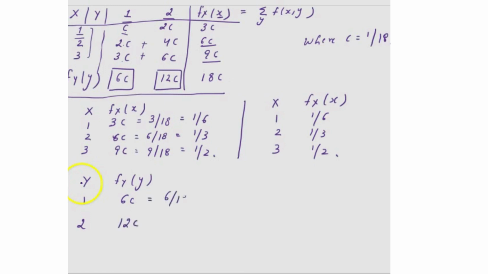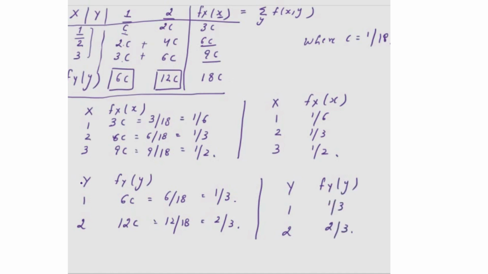So this is 6 by 18 and 12 by 18, which is 1 by 3 and 2 by 3. So the marginal density of y for values 1, 2 is 1 by 3 and 2 by 3. In this way, we can find the marginal densities of x and y.